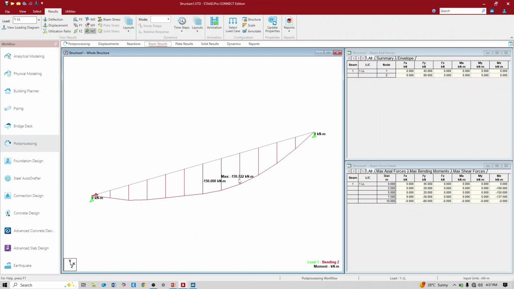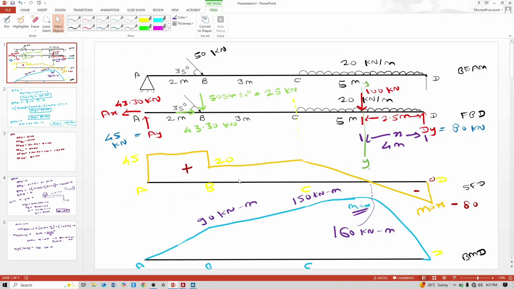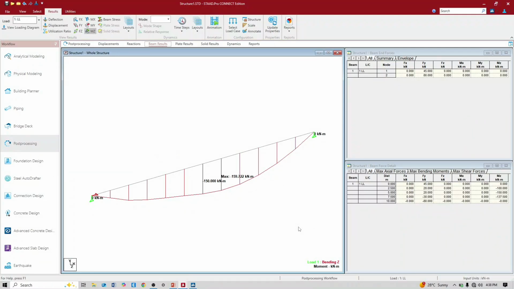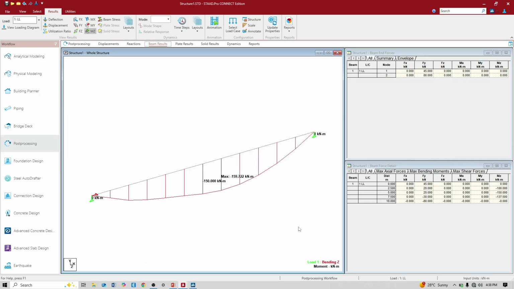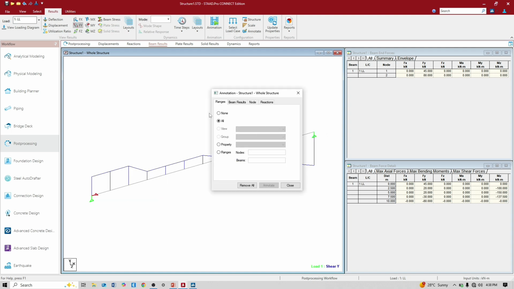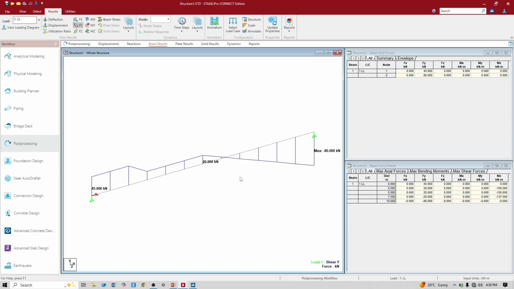See, our bending moment is positive for sagging, but STAAD tells us that negative is sagging bending moment. So this is a difference. In our manual calculation positive value is sagging bending moment, but in STAAD negative bending moment is sagging bending moment. Remember this. And shear force notations, signs and values are all correct.